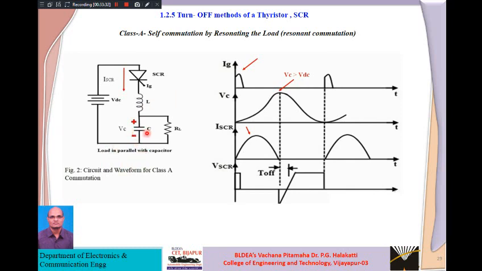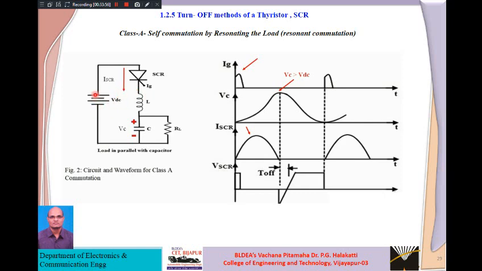So we will start with this one, positive and negative. We are applying the bias voltage, positive and negative. For forced commutation there is no positive peak or negative peak, we are using the DC supply here. Remember, AC supply we used in natural commutation.